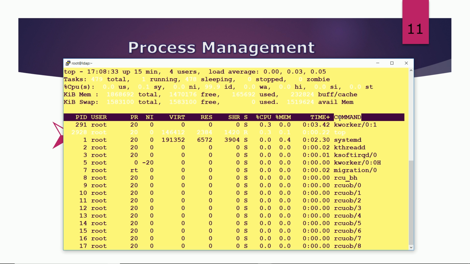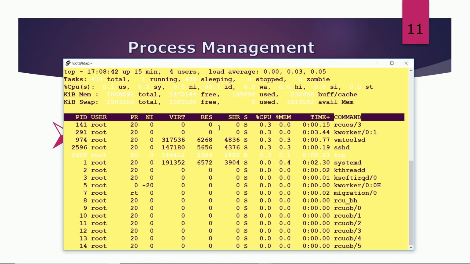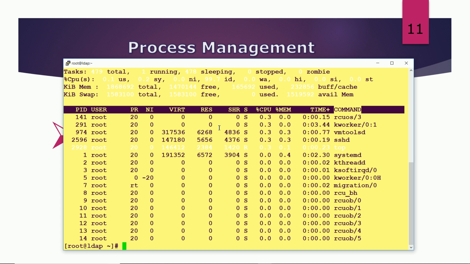Different processes are initiated by different commands. So all the details of the process you can see with the top command. With the ps command, you can do a lot of things on the system, and it would be very easy to understand how the process output comes.